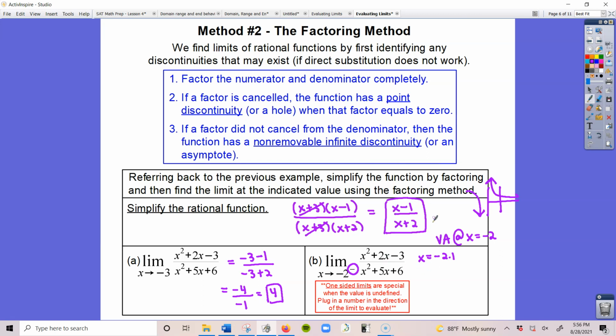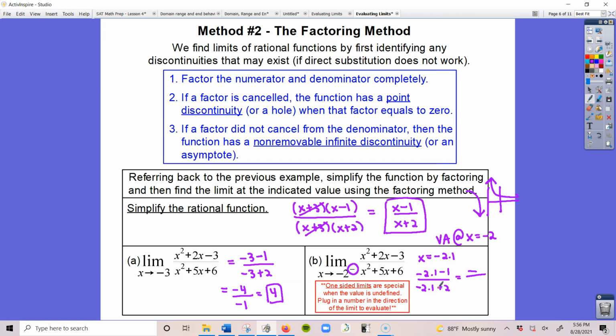So if we plug it in, remember, to the simplified rational function, because it'll be easier, it would be -2.1 minus 1 over -2.1 plus 2. All I care about is what the signs are going to be. Because again, I know my answer is going to be infinity because of that vertical asymptote. -2.1 minus 1 is a negative number.